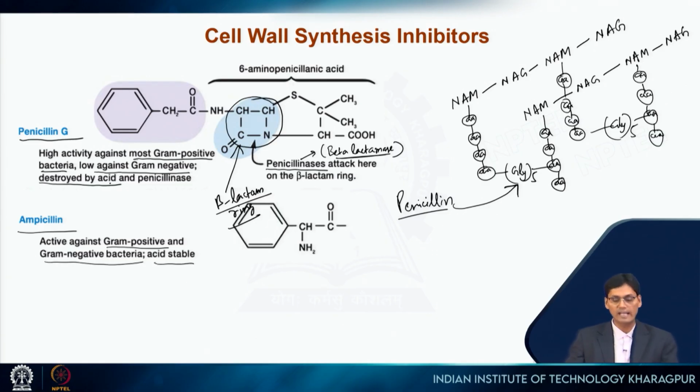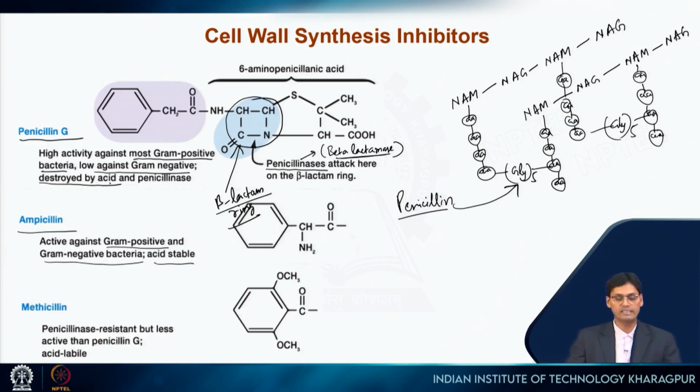And on top of that, another modification happened. This is also a penicillin group antibiotic, called methicillin. Very interestingly, methicillin is penicillinase resistant. That means it is beta-lactamase resistant, but less active than penicillin G, and it is also acid labile, that means it is not resistant to acid. But one important feature is that it is beta-lactamase resistant.